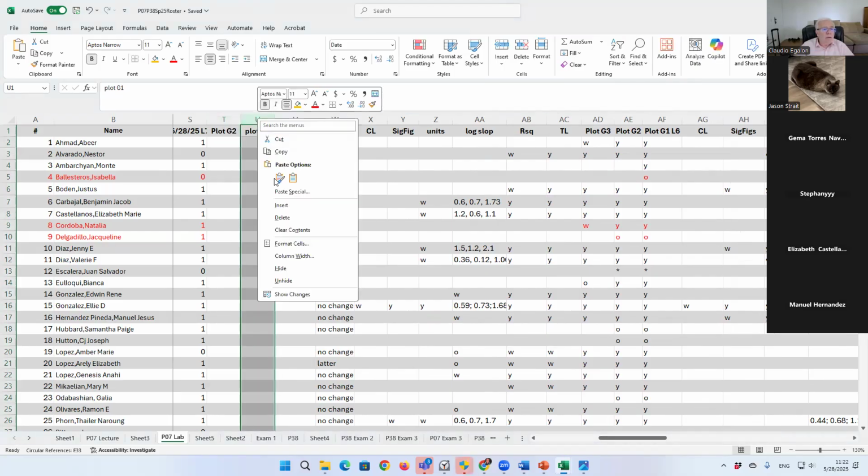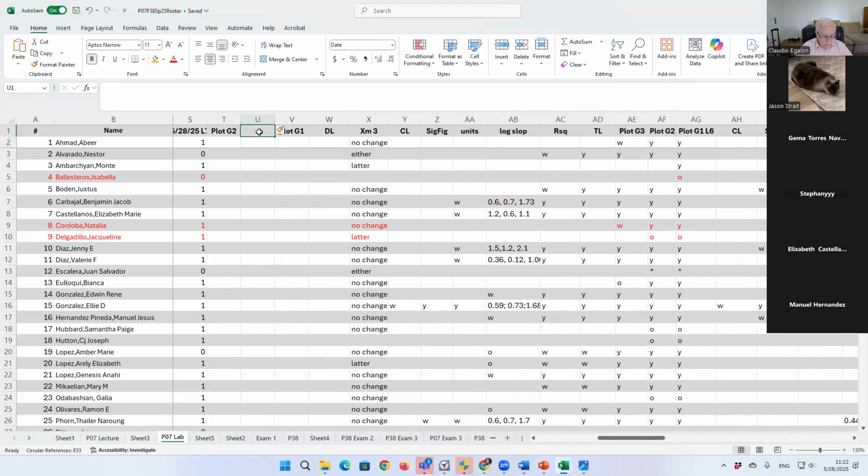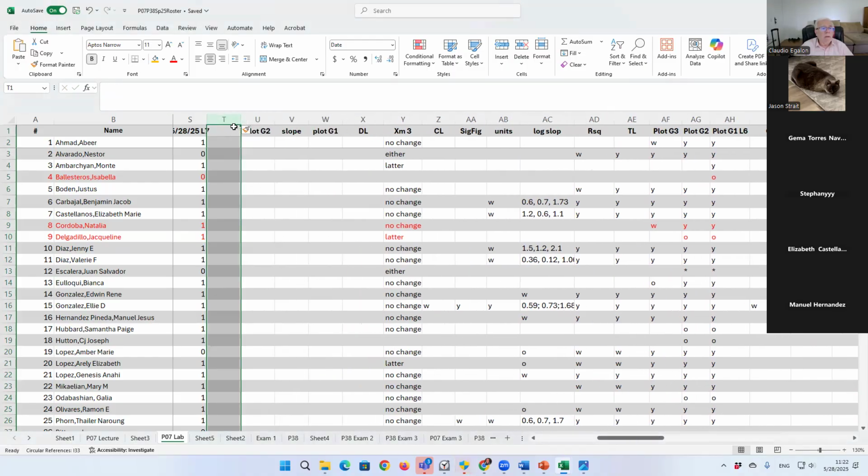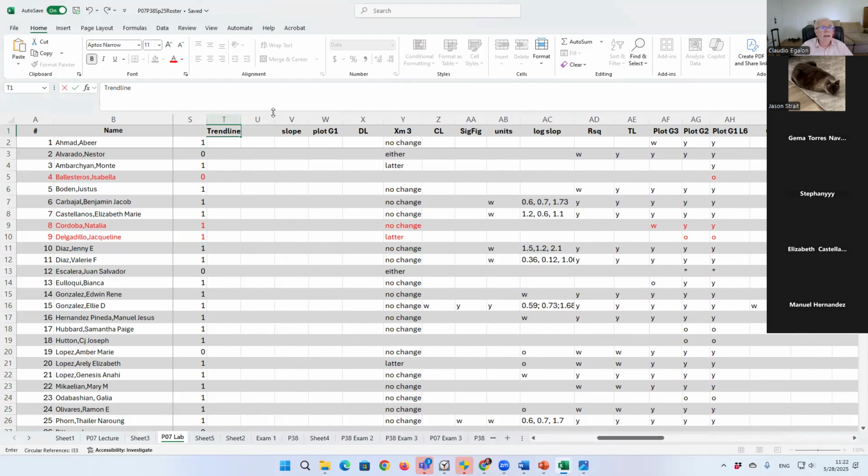And after plotting G1, let me know what the slope is, the slope of your graph. Don't forget the trend line. Make sure you get a trend line. Let's start with Abir. Did you download your spreadsheet, Abir?